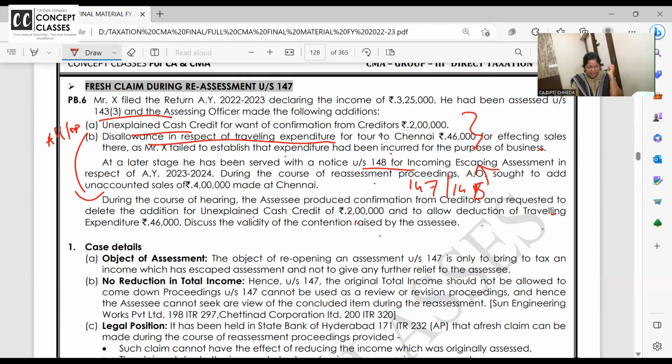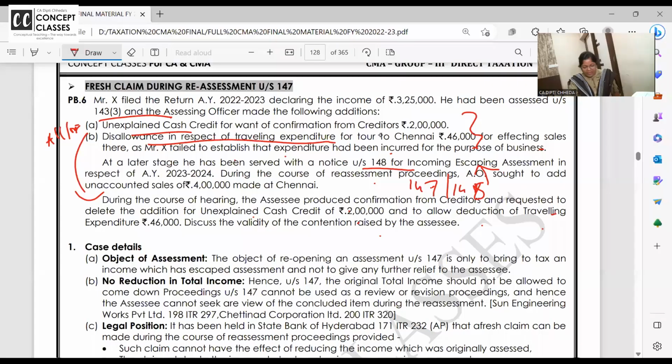Discuss the validity. पहली बात तो for these kind of cases कि there is a cash credit or traveling expense not allowed, can you do the assessment in 147? Should you issue the notice in 148? Answer is no. 147 is if some income has escaped assessment.